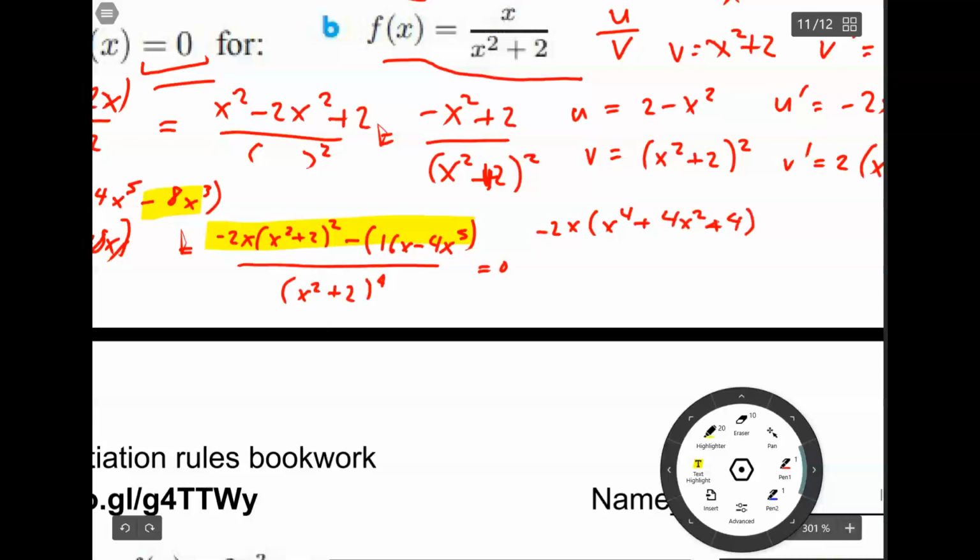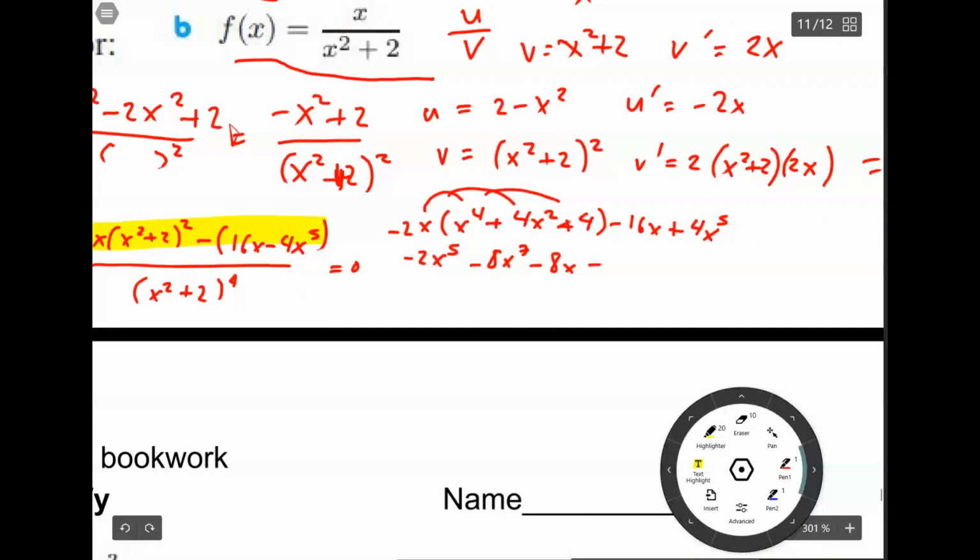And then it's going to be minus 16x plus 4x to the fifth. And then we can distribute this. So negative 2x to the fifth, negative 8x cubed, and then negative 2x times positive 4 is negative 8x, minus 16x plus 4x to the fifth.